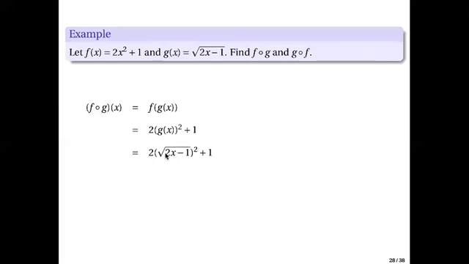So we replace g of x with the square root of 2x minus 1. Then you square it. You will get 2 times 2x minus 1 plus 1. To simplify it, you just get 4x minus 1. Okay?